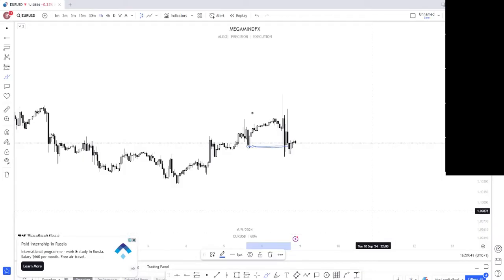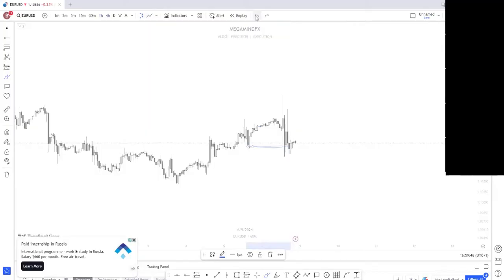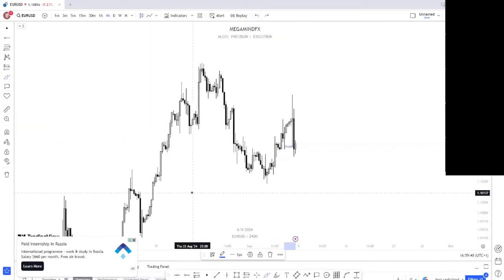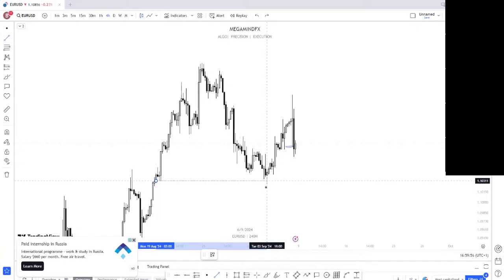Let's do a breakdown of what I just said about transactional liquidity and external liquidity. If you look at this chart, you find out that this was an external liquidity that was taken. I caught this buy here, right at the tip, and I held this buy to this point. When I got into this buy, external liquidity had been taken already.